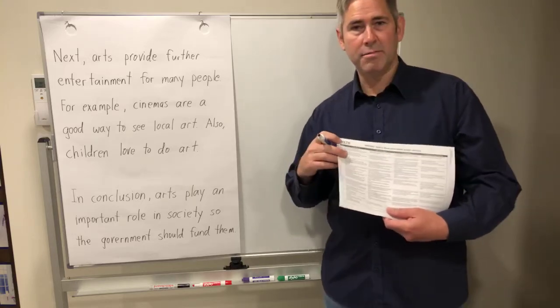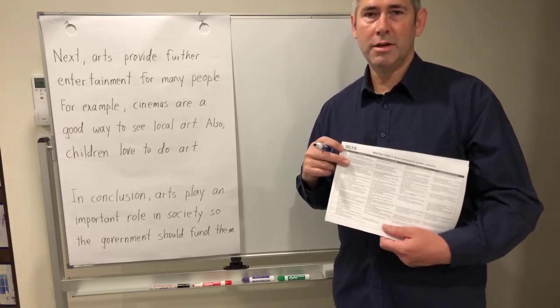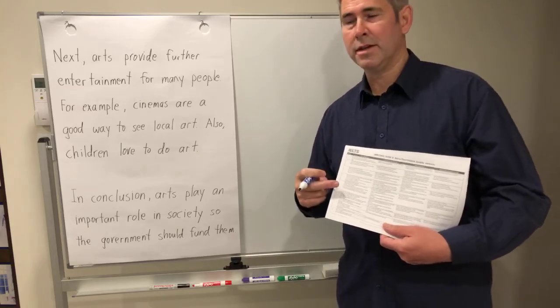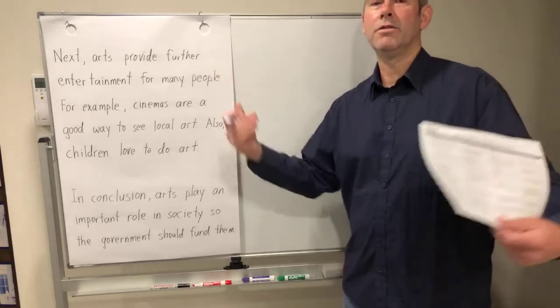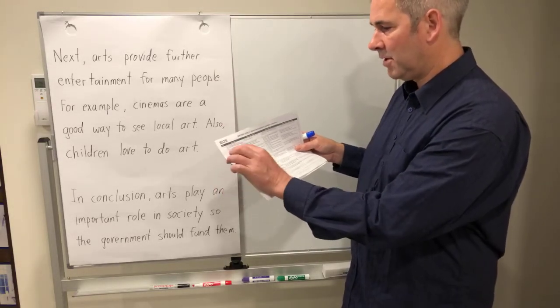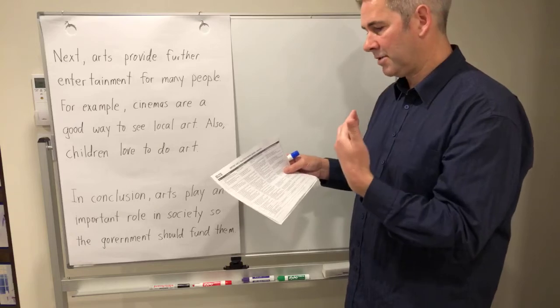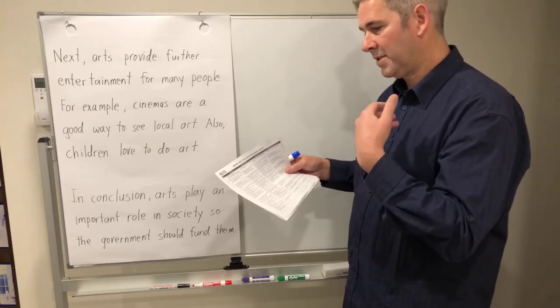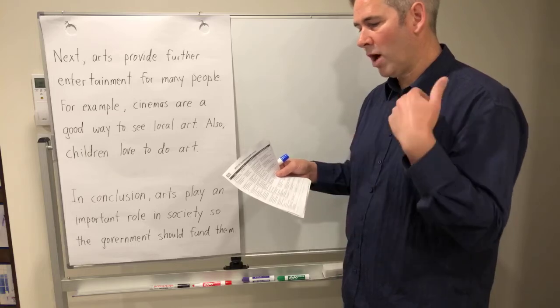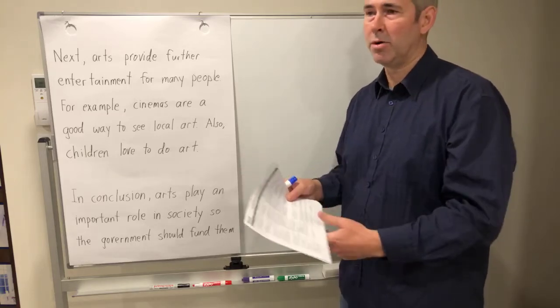Even though it doesn't mention the 250 word count in the band descriptors, what that falls under is expanding your ideas, or as it says under task response, fully addresses the parts of the task, presents a fully developed position, which is well extended and well supported.